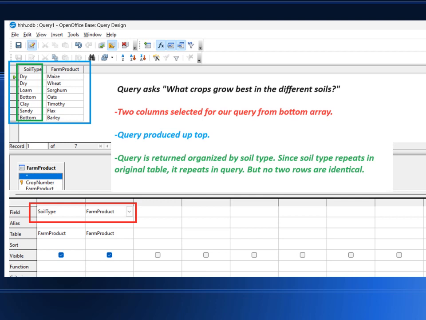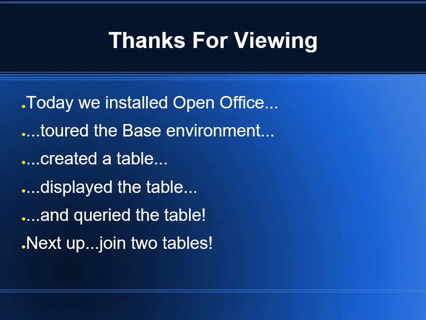It'll come right up if you properly specified the parameters of your query. So that's just a quick query. Later on we'll query multiple tables or make more complex queries as well.